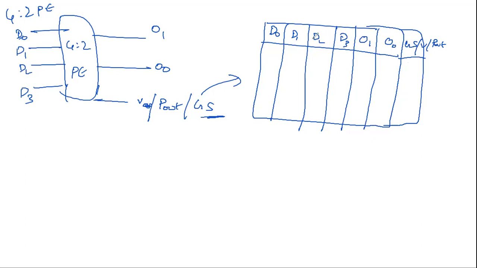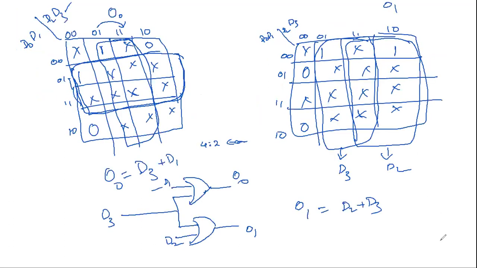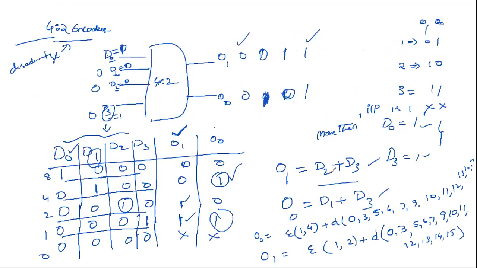See, when all are zeros, we don't know O1 and O0, but V is 0. In a plain encoder, the disadvantage is that when all are zeros, it is don't care, we don't know the output.